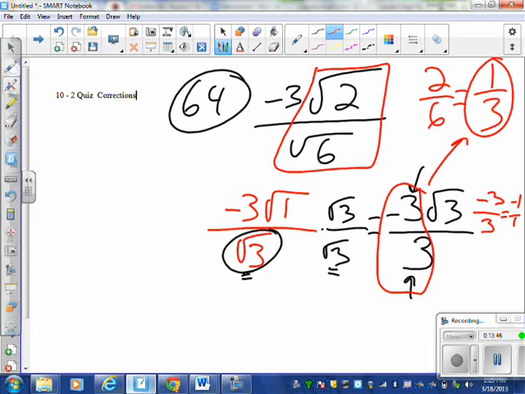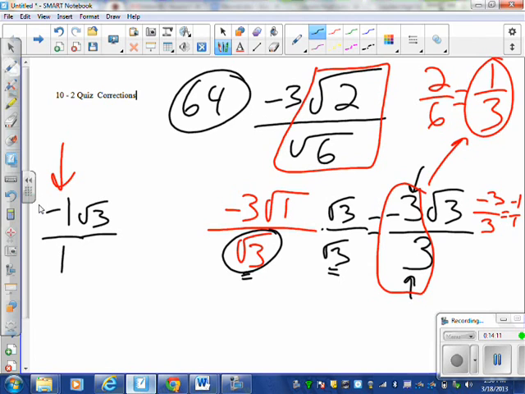So I'm going to continue the problem over here on this side of the board. Over here we have negative 1 on top, 1 on the bottom, along with our square root 3 number.